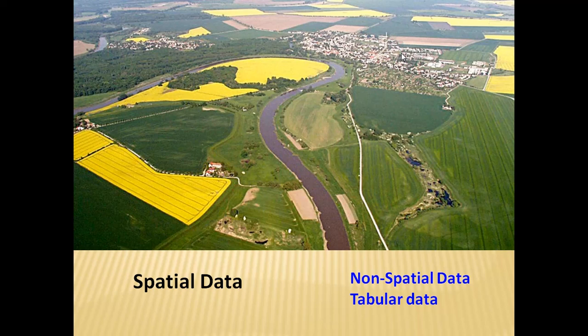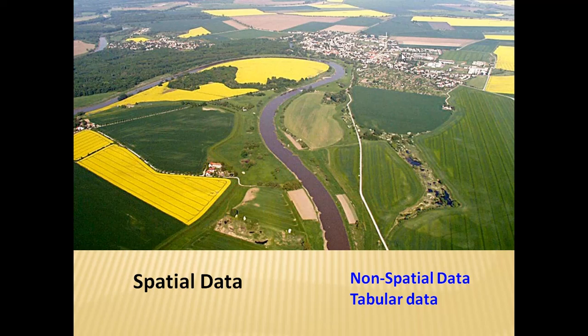How many classrooms enter the building? So MVR college is nothing but a spatial data. Inside the MVR college, the number of classrooms, number of departments, number of students, number of faculty, these are all attribute data. Spatial data represents the entire area.